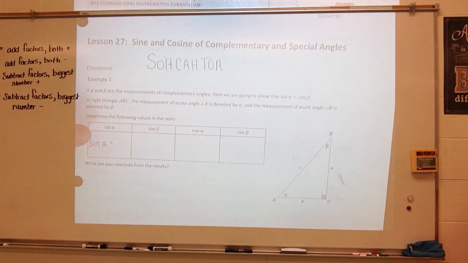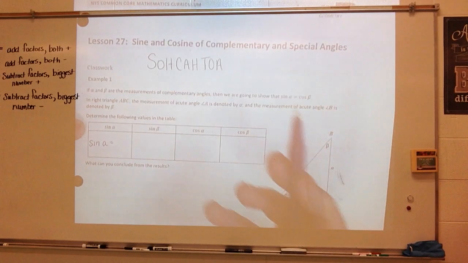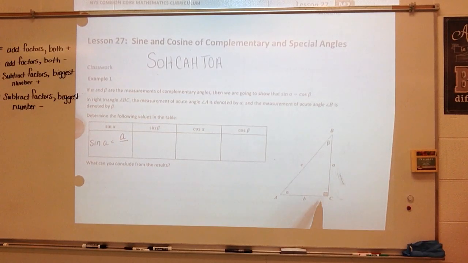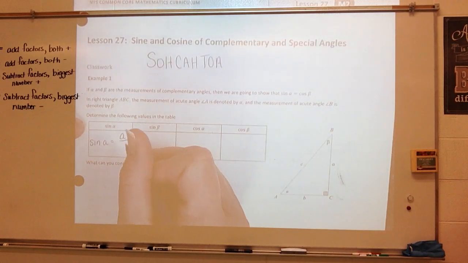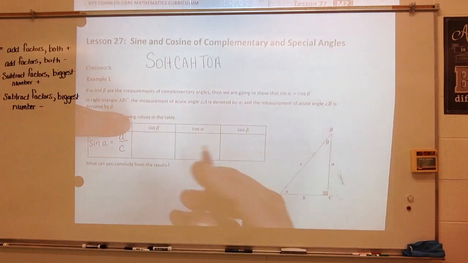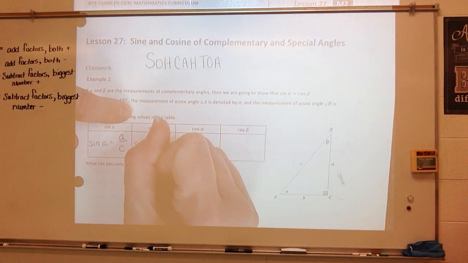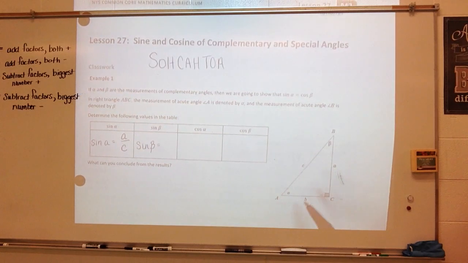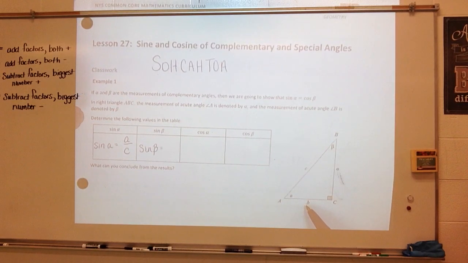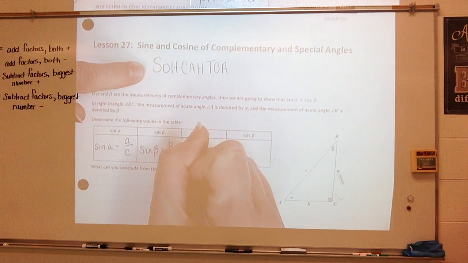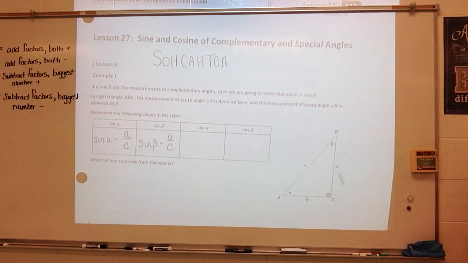Sine is the opposite, so I'm looking at the opposite of A, which is A, over my hypotenuse, which is C. So the sine of A would be A over C. Let's look at the sine of B. The sine of B is opposite, which is B, over hypotenuse, which is C.